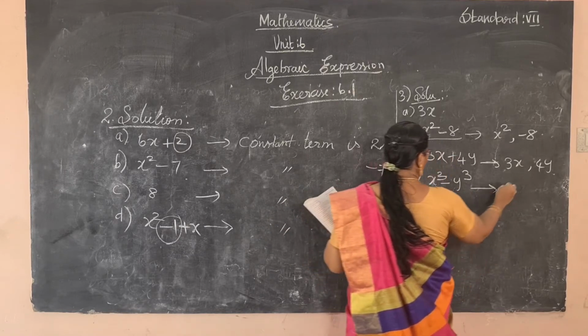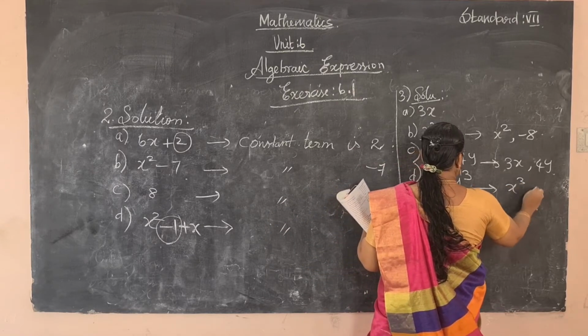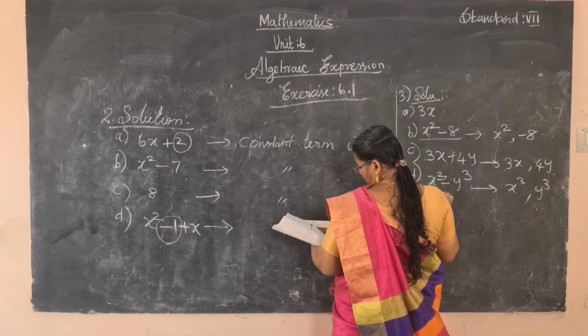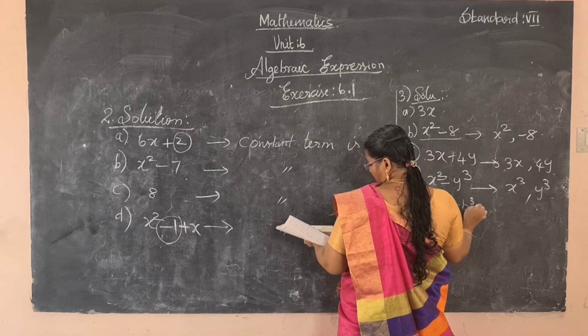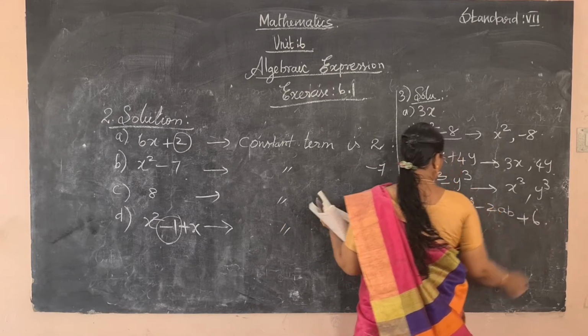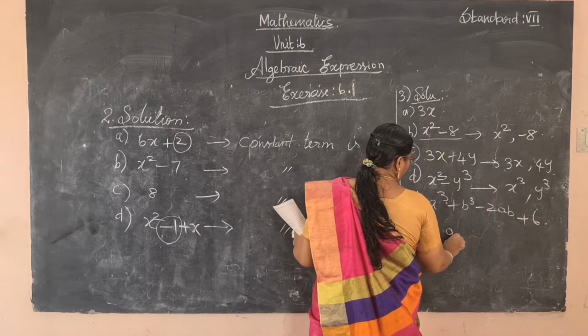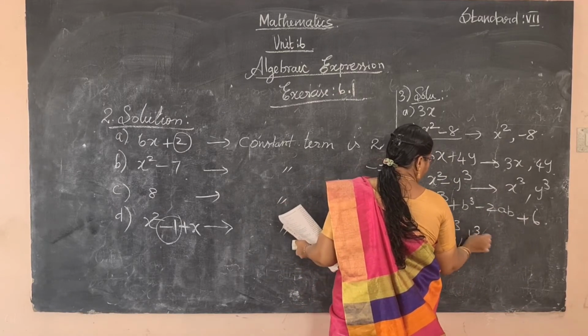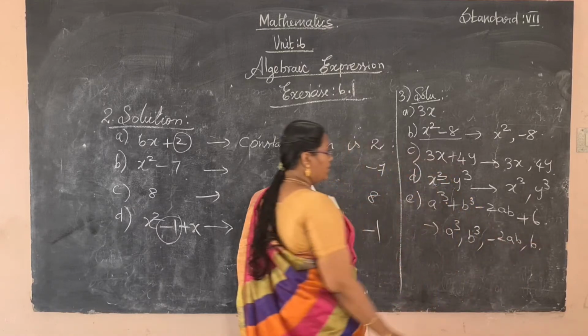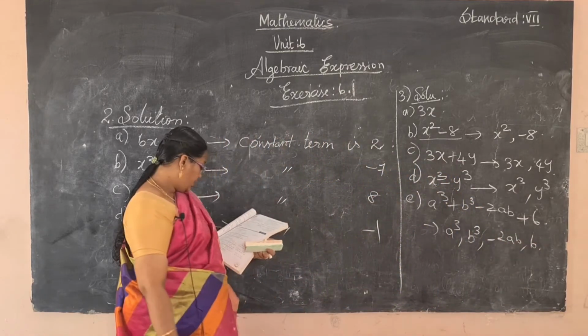So how many terms here? Also 2 terms. So x cube comma y cube. And the E, a cube plus b cube minus 2ab plus 6. So how many terms? a cube, b cube, minus 2ab, comma 6. So 4 terms. Okay, that's it.